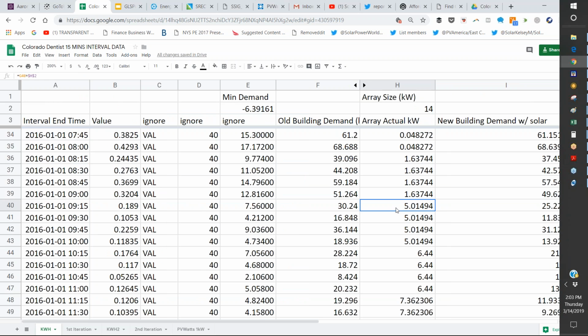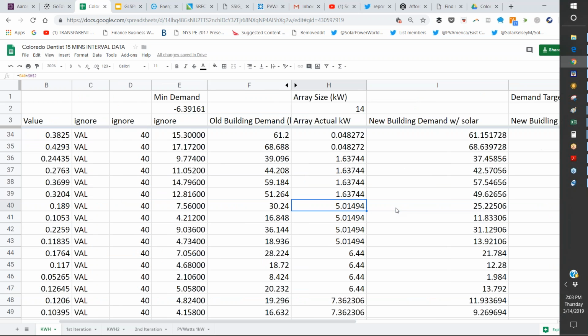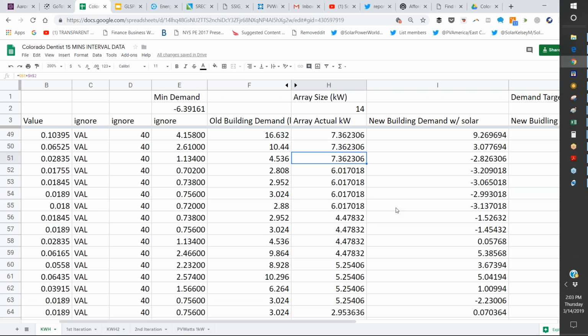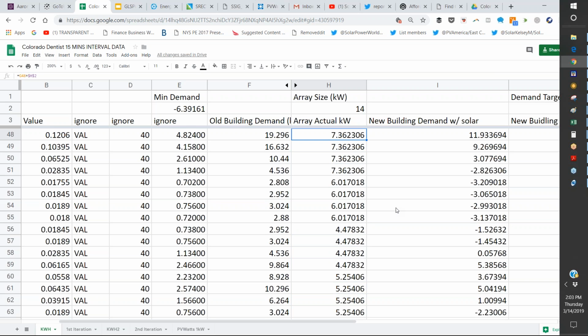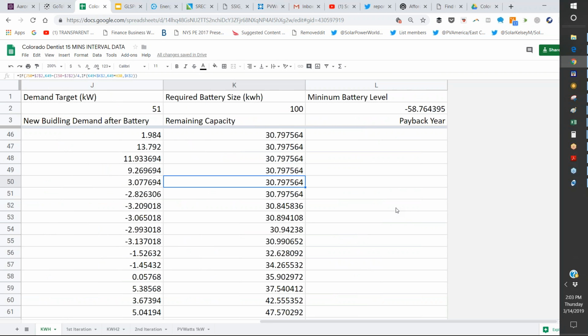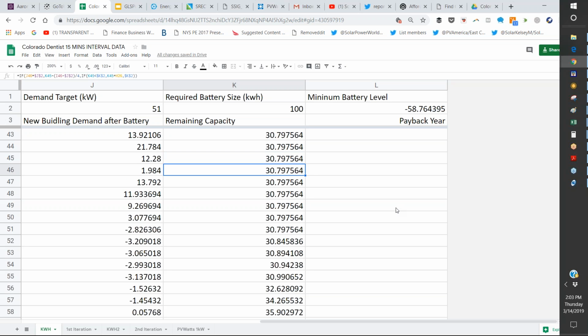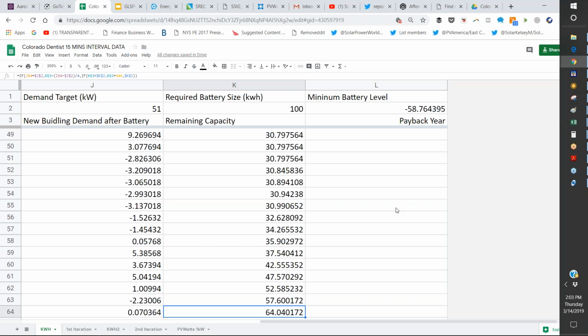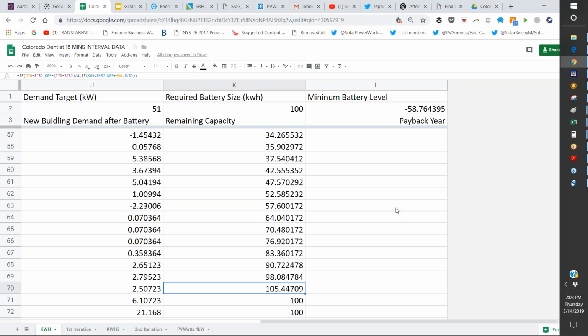So what we see is finally the sun comes up around 9 or 10, and our solar array starts turning on. It's not a huge amount of power, but basically what's happening at this time is either our battery's not being used, or eventually the solar array is exceeding the building demand, and we're starting to add energy back into that battery.